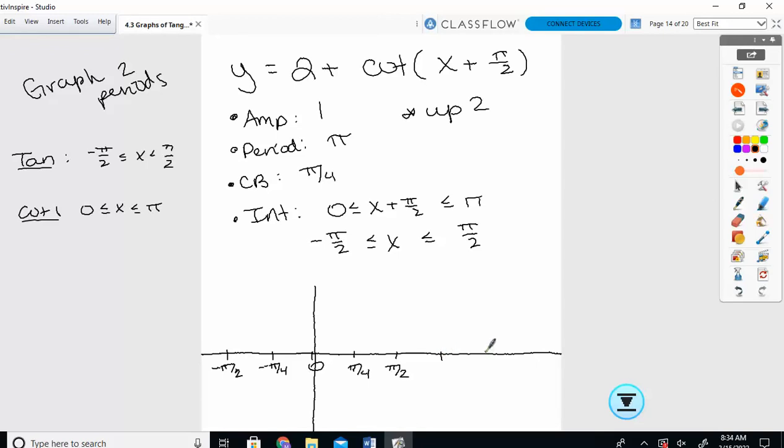And 2 pi over 4 is pi over 2. Since I said 2 periods, we need 4 more points. Can I just go ahead and add them on? So you just keep adding pi over 4. So we get 3 pi over 4, 5 pi over 4, 6 pi over 4 is 3 pi over 2.